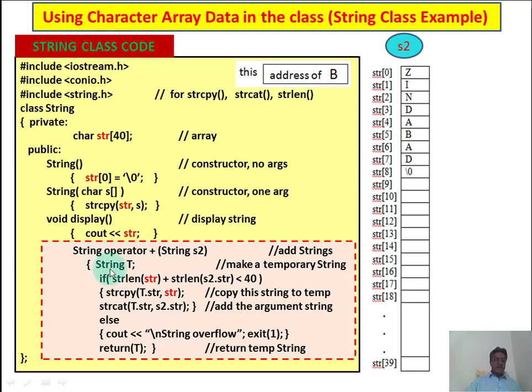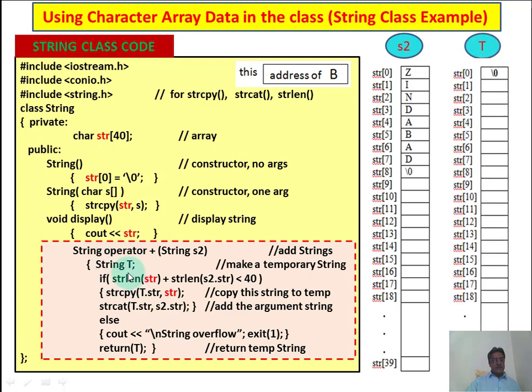Here we can see string T, a temporary object. This function is creating a temporary object T of equal length to the array, that is a 40 character array, because this object is an object of the string class, and the string class will assign 40 characters to each of its objects.